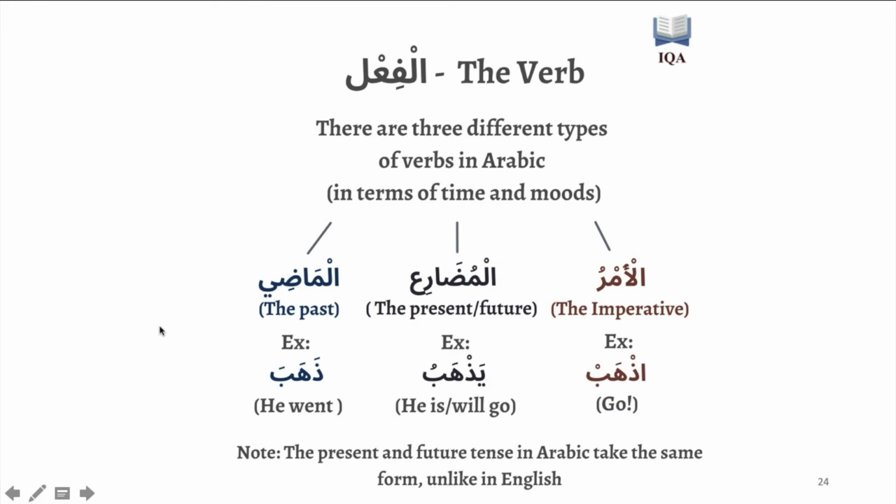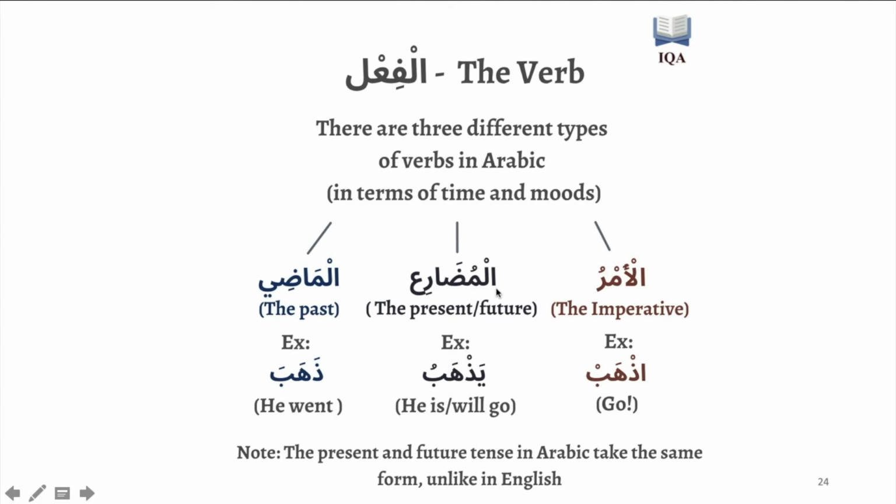So al-fi'lu, the verb: there are three different types of verbs in Arabic in terms of their time and moods. There's al-madi, which is a past tense verb, the verb that indicates that an action happened in the past, like dhahaba, he went.